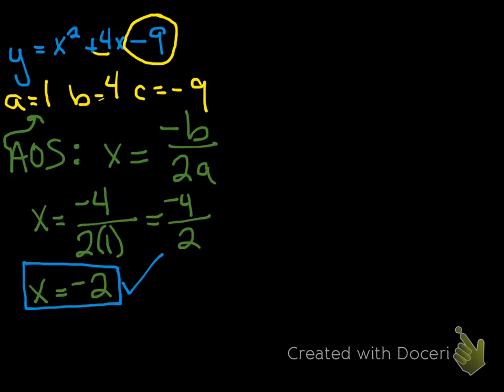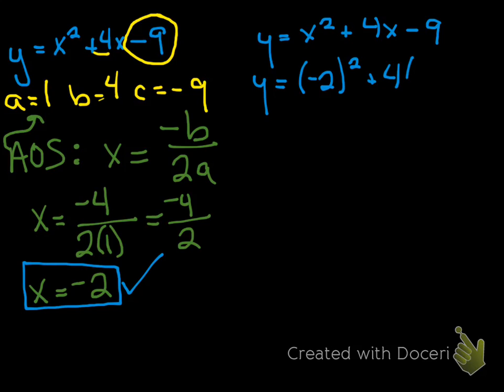So in order to find the y-coordinate, I'm going to go ahead and rewrite the equation. Okay, if we know the x and we want to find the y, all we're going to do is take that x and plug it in. So we have y equals negative 2 squared plus 4 times negative 2 minus 9.